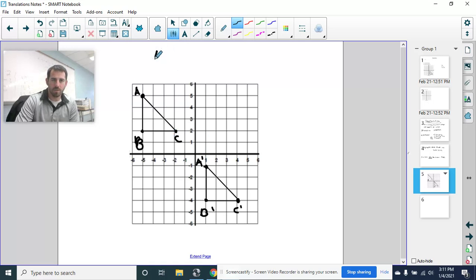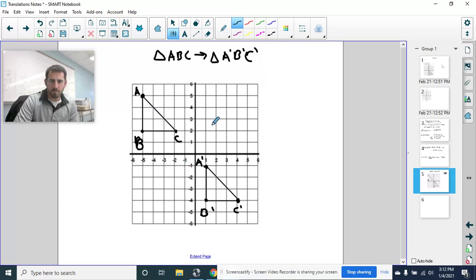So in this case, we would say that we have triangle ABC, and this one should be obvious what it's going to because they're labeled with the primes. If it's not labeled by primes, you'll be given a key at the top telling you what it was going to. So the key would look something like this, where you have ABC, and then you have A prime, B prime, and C prime.